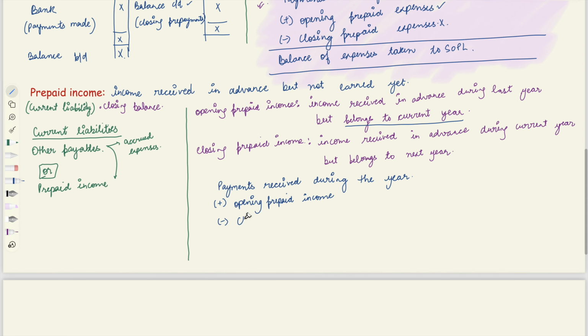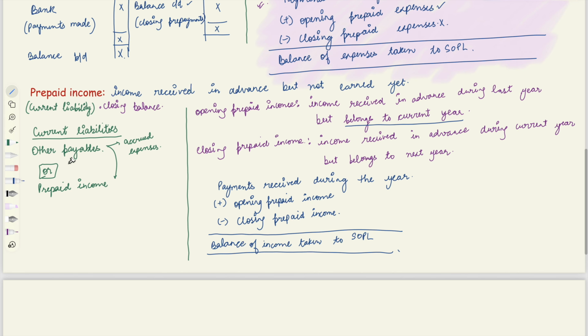And I will minus closing prepaid income. The treatment for prepayments is same for expenses and incomes, and the treatment for accruals is same for expenses and income. Then you get balance of income taken to statement of profit or loss. Okay, this is in a simple format. We'll learn how to do it in form of a ledger account too.